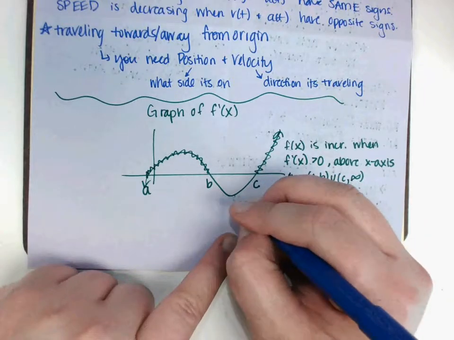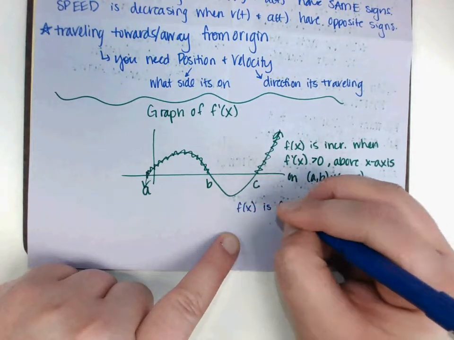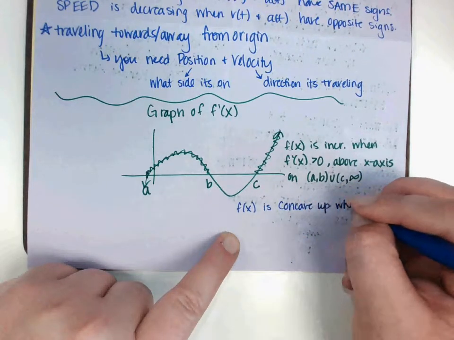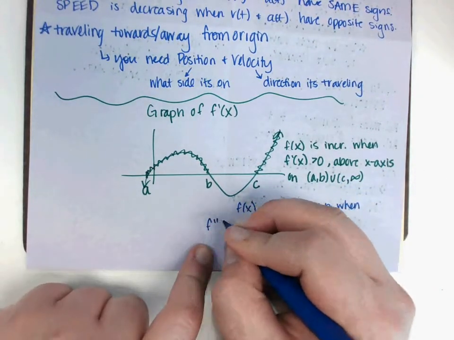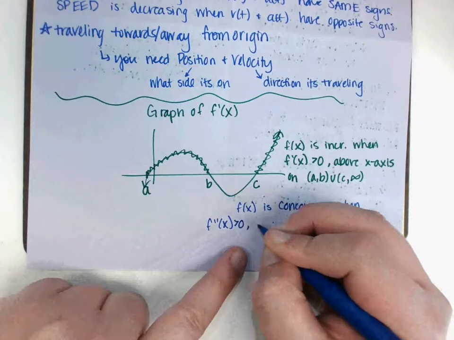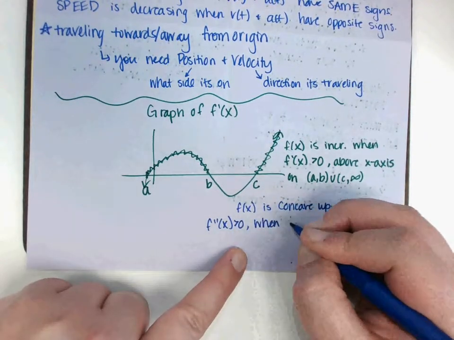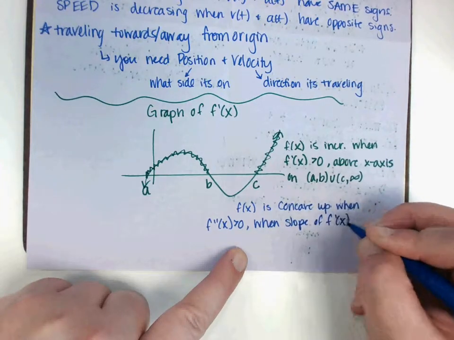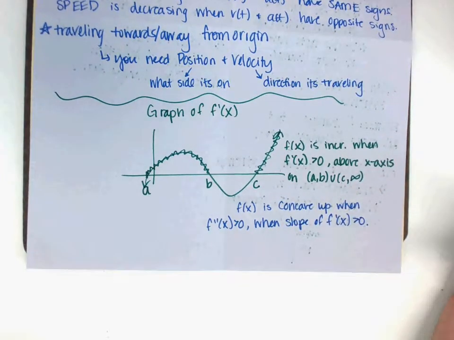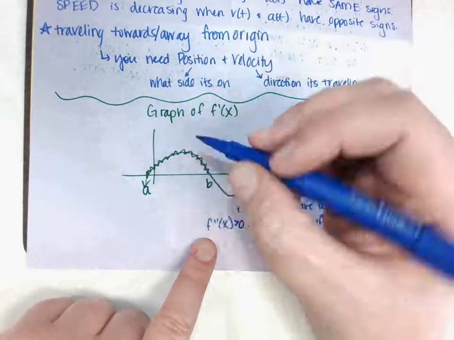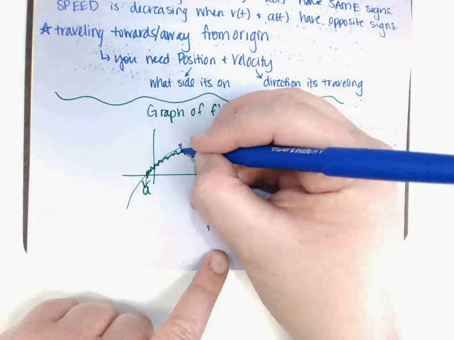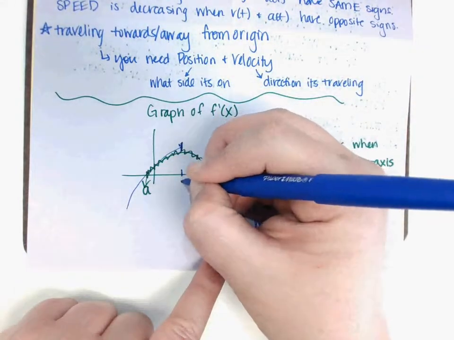Remember that f of x is concave up when f double prime is greater than 0. And remember, that's when the slope of f prime is greater than 0. So if I'm looking for a positive slope on this same thing, then I would say I have a positive slope from negative infinity until here. We'll call this value, let's say, d.